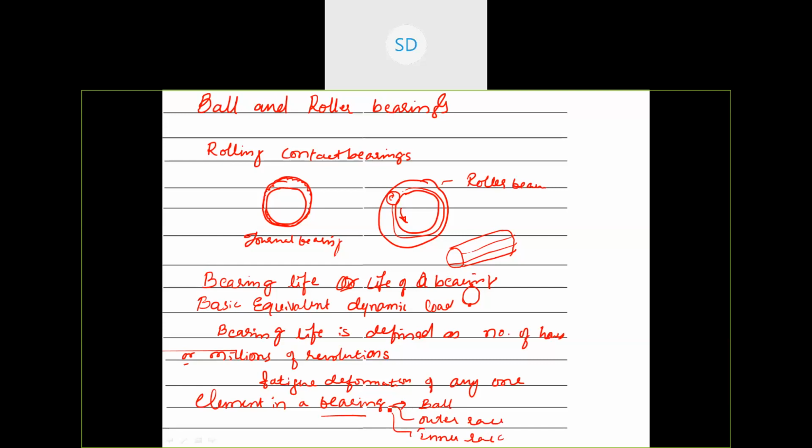If you have a small propagation of a crack, or any damage on any one element, up to that stage, how many hours it has worked, or how many millions of revolutions it has completed, that we are going to term as the bearing life. Millions of revolutions means you need to measure in terms of 10 to the power of 6 here. That is what million. Okay?